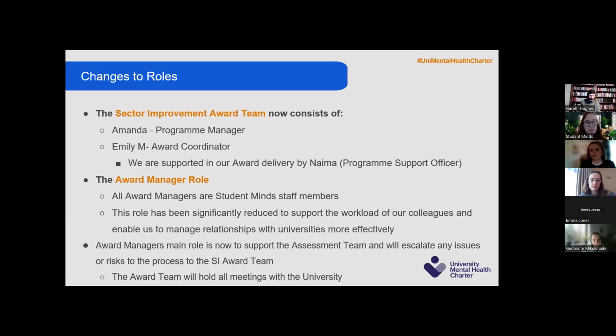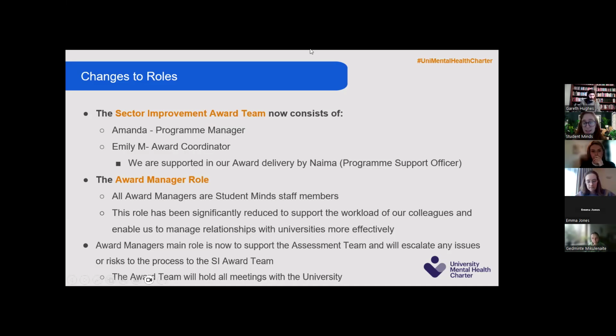So the award manager's main role now will be the same for you as it has been before. Their role is to support the assessment team. So they will, as usual, handle all of the meetings. In your pre-meeting, they will be sharing that, taking you through the self-assessment evaluations, meetings, and also come with you on the on-site visit.